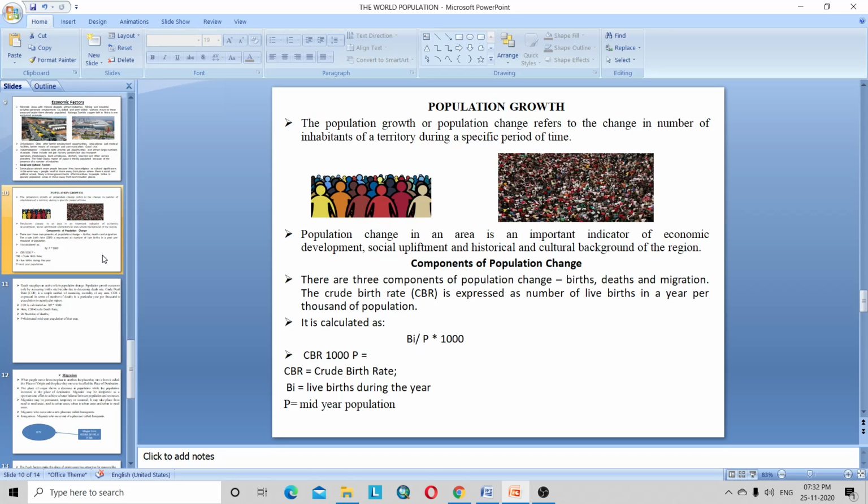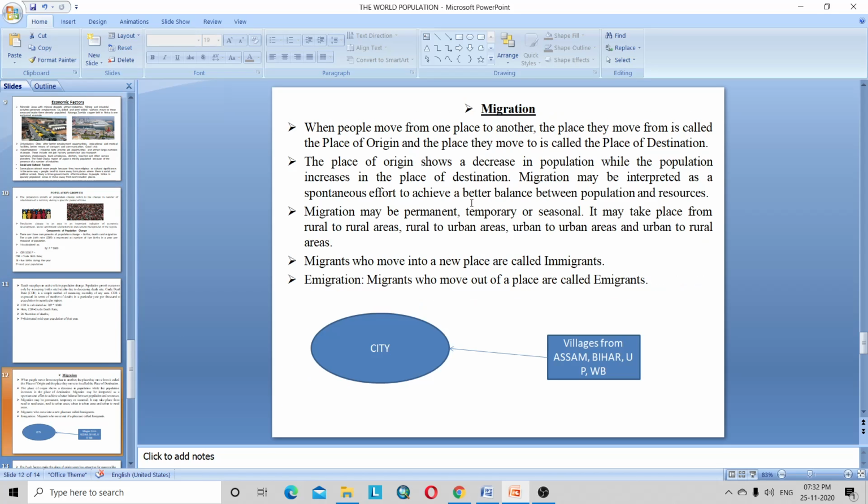The other factor is migration. Migration is one of the factors which contributes to the population growth of an area in a specific time period. Lots of people tend to move from one place to another for different purposes, like migrating from rural to urban areas for jobs and a better standard of living.